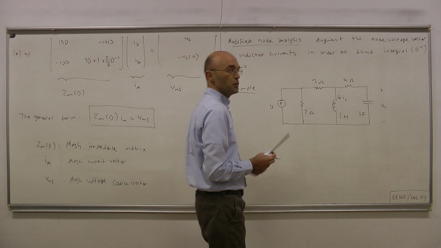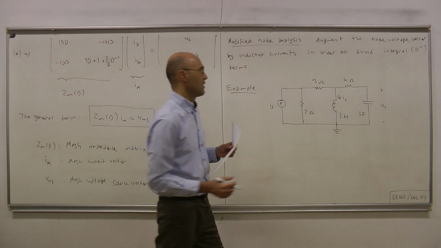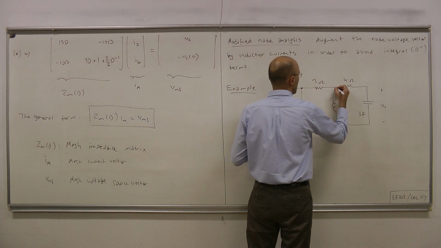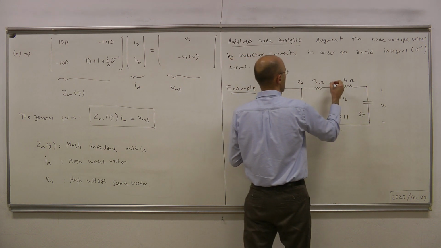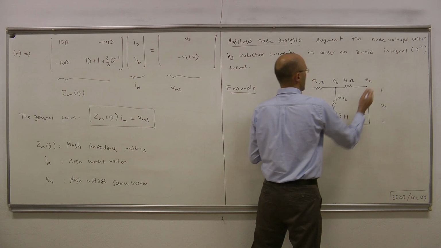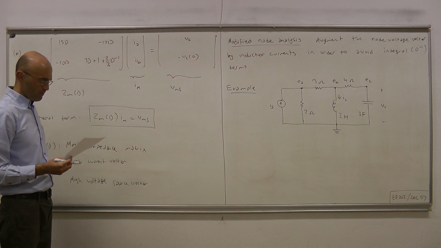For that, what we do is first labeling, indicate the ground node, and then the remaining nodes are 1, 2, 3, let's call them EA, EB, and the third node voltage, EC.